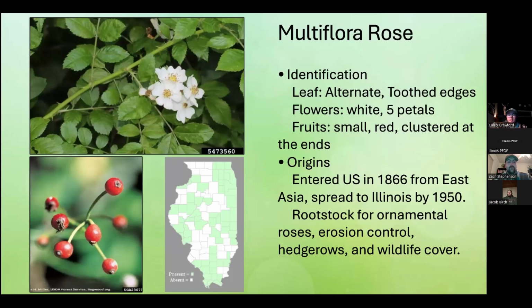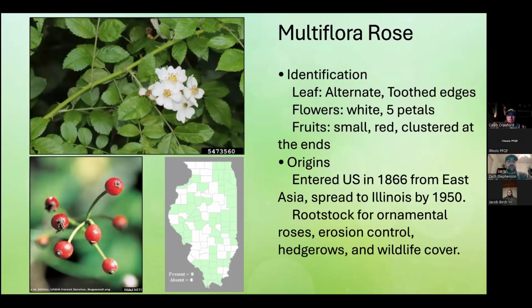All right. Next up is going to be multiflora rose. For the identification, the leaves are alternate and have toothed edges. The flowers are white with 5 petals, and the fruits are small, red, and clustered at the ends.